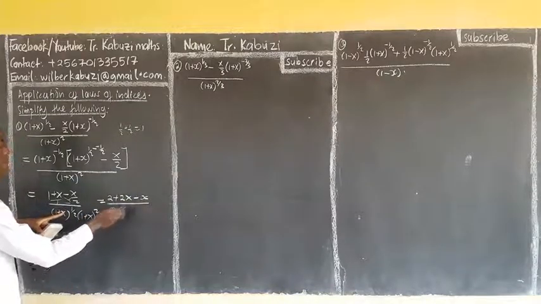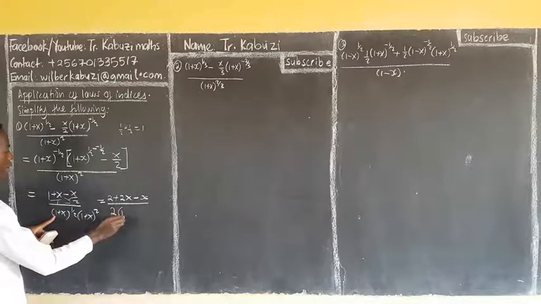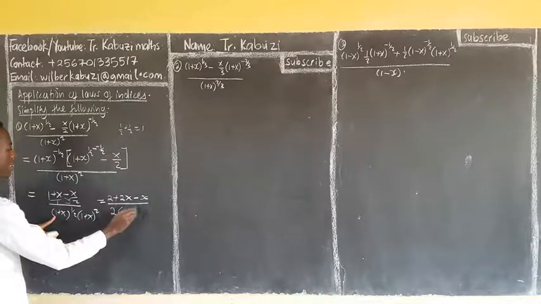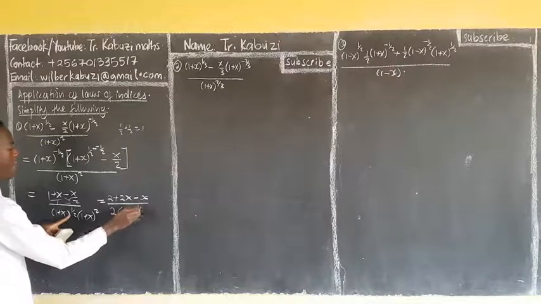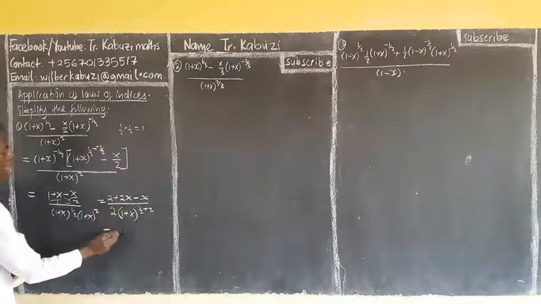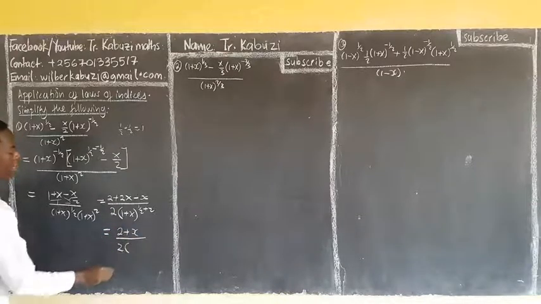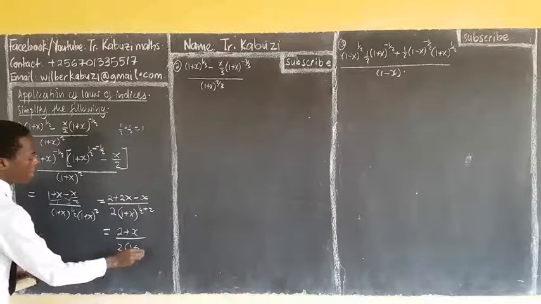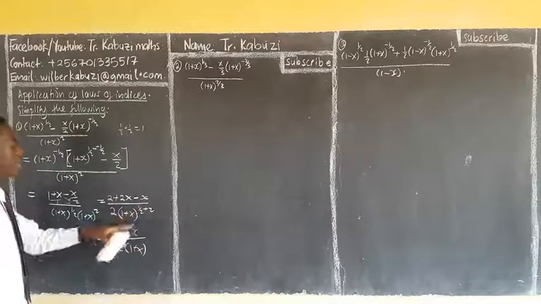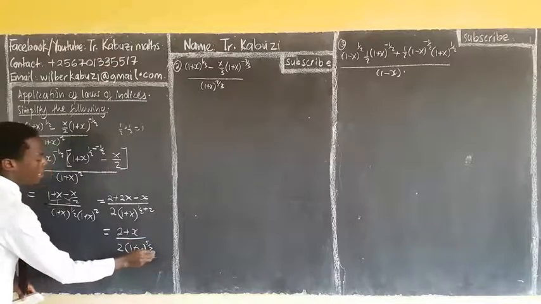Now this 2 remember is dividing, so that here we are having the same base. I have 1 plus x, then I have a half, then plus 2, which, when I simplify, I have 2 plus x over 2 into now 1 plus x. When I add this one, it will give me 5 over 2 with ease.